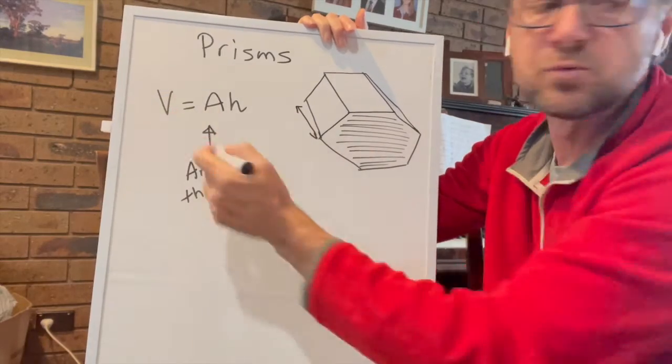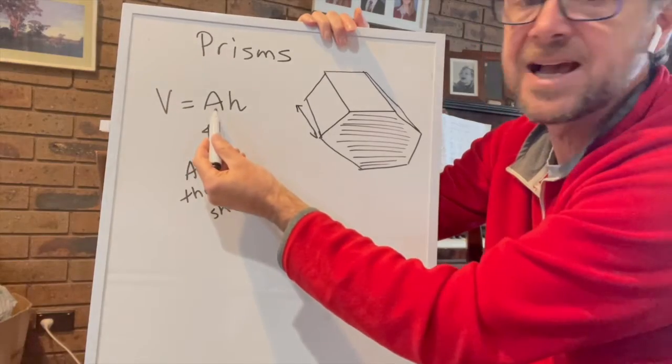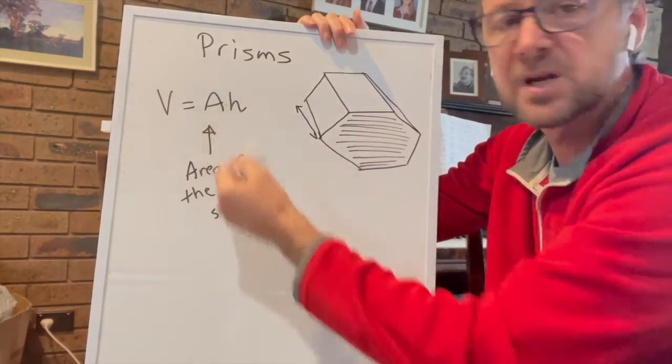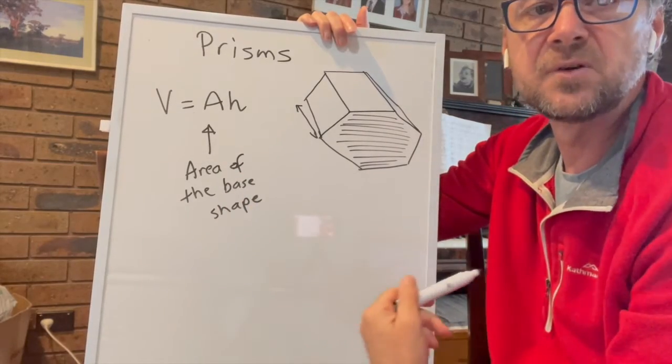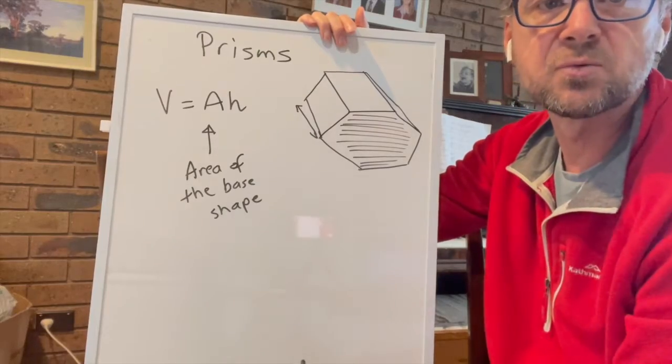This rule is then applied to all of the other shapes. You just substitute in for the A the rule that applies to that particular shape. So if it was a rectangle, it would be length times width. If it was a triangle, it would be half base times height, etc., using your other rules.